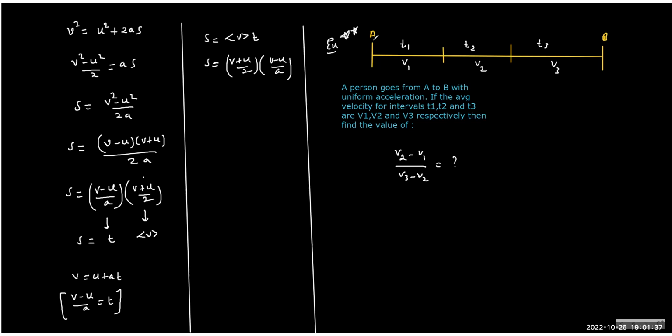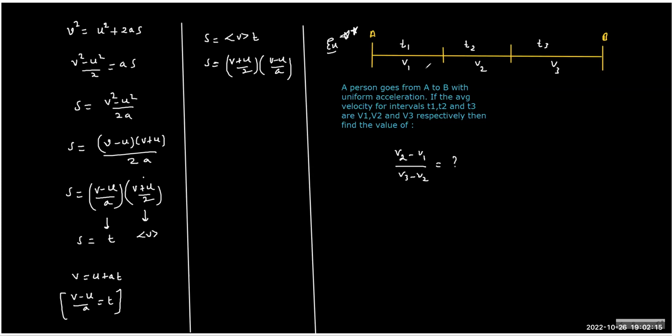Now, how could it be 1? Because we have to find the answer in terms of T1, T2, T3. Again, let me tell you, V1 represents the average velocity of the duration T1. So you can assume the velocity at the end, right? Some value.